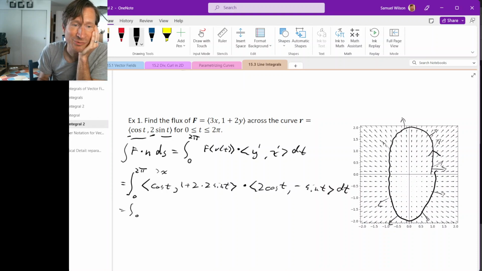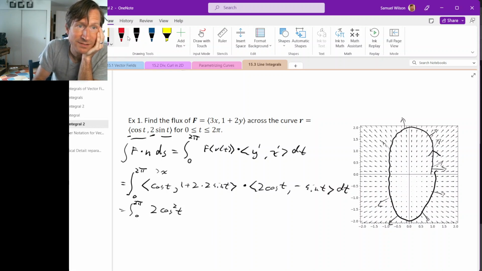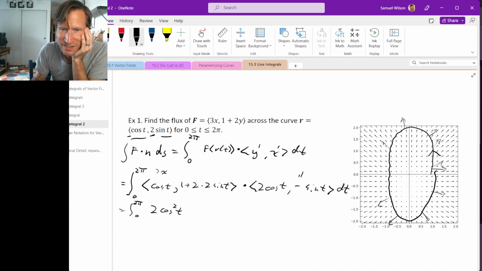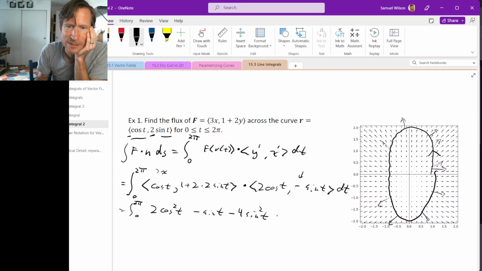Now we can compute our dot product. So integral from 0 to 2 pi of 2 cosine squared t plus, I guess, minus because of this minus sign right here, so minus sine t minus 4 sine squared t dt.